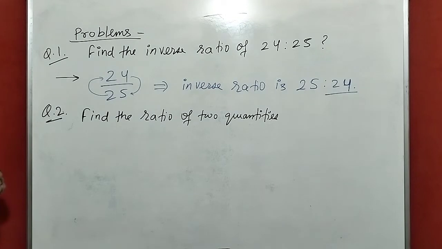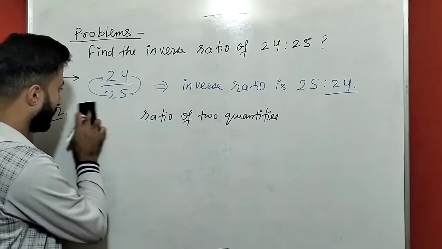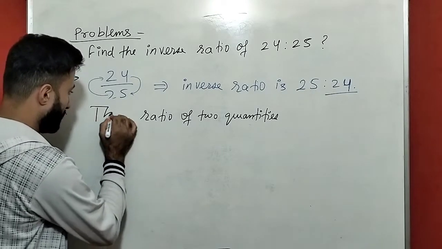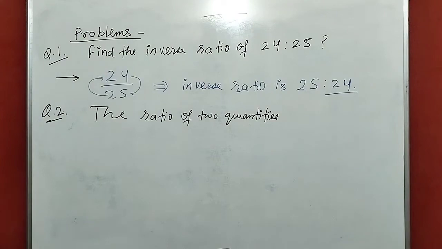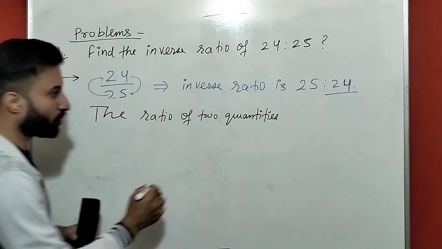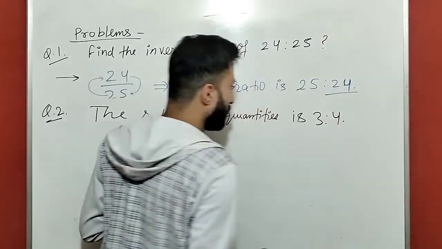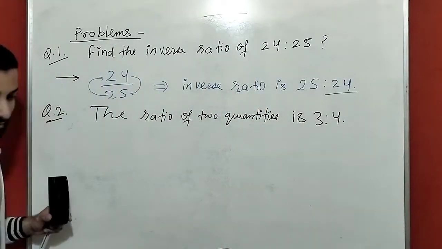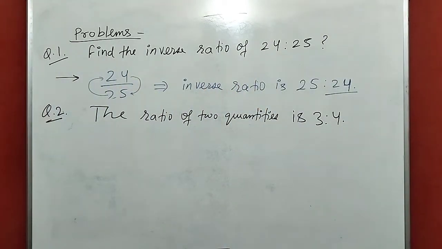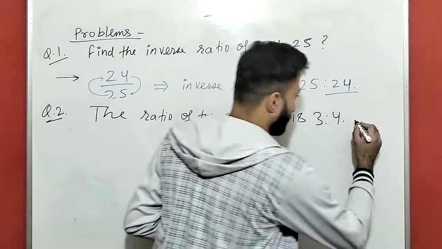Sorry, not find the ratio. The question is: the ratio of two quantities is 3:4.